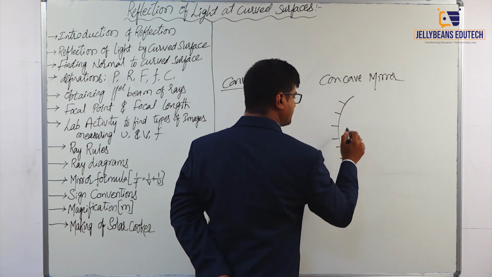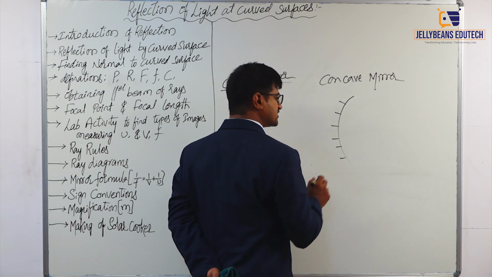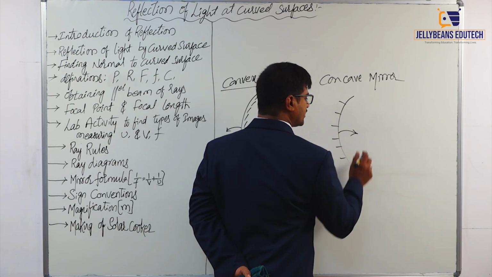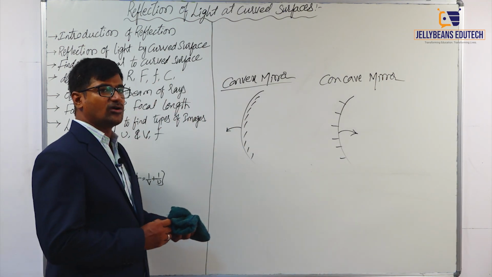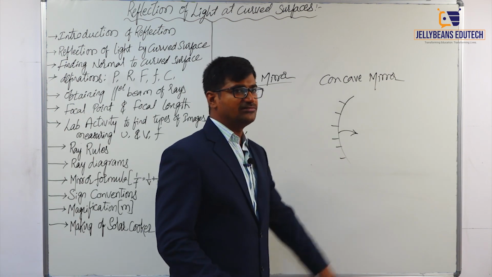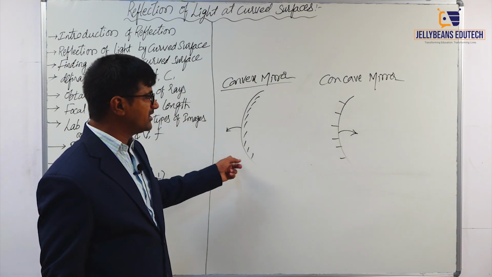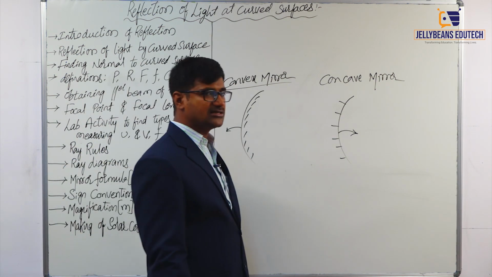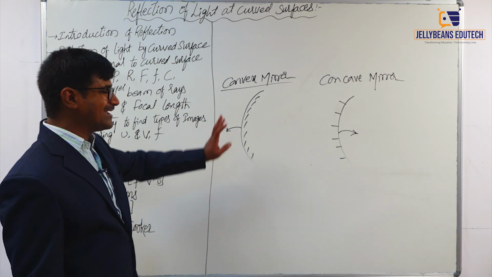If the convex surface is silver coated, then the concave surface acts as a reflecting surface, and such mirrors are called concave mirrors. The convex mirror is also called a diverging mirror, and the concave mirror is also called a converging mirror. This is the description of the types of mirrors.